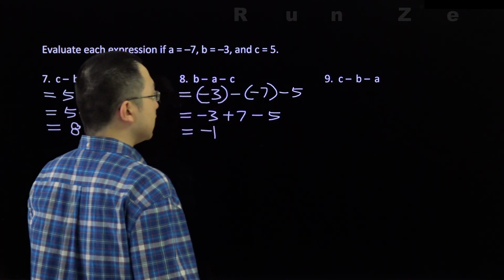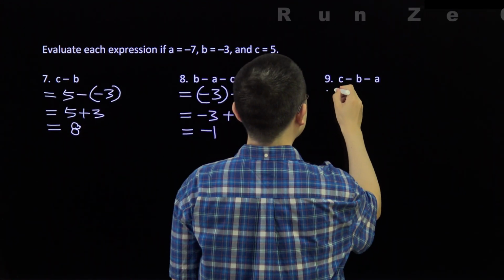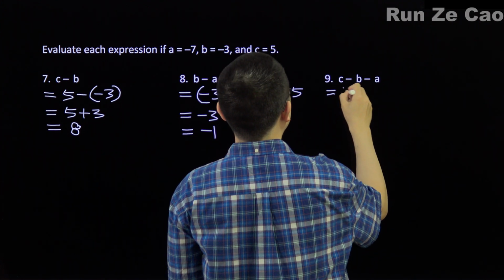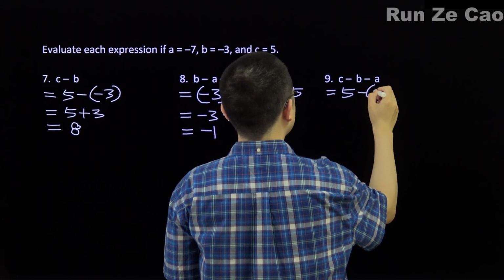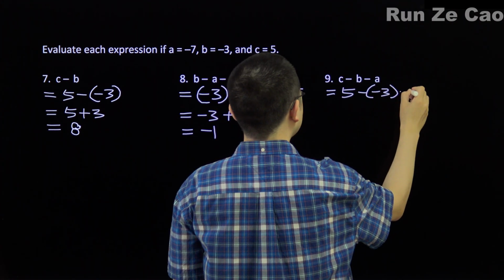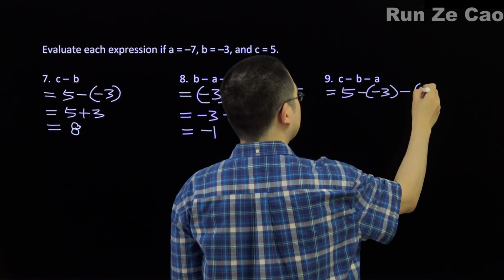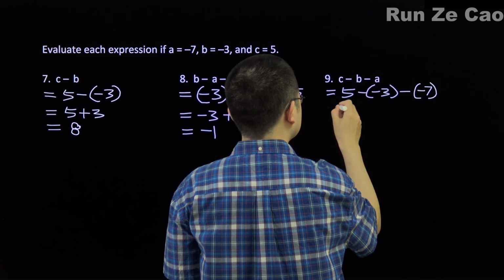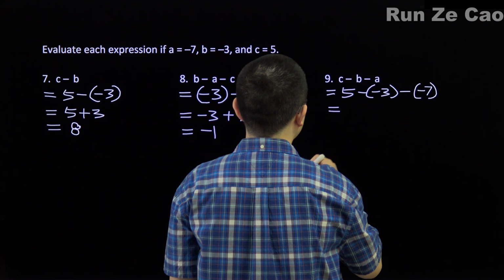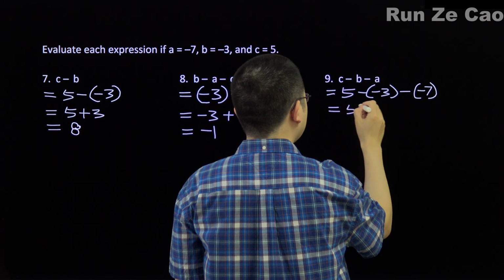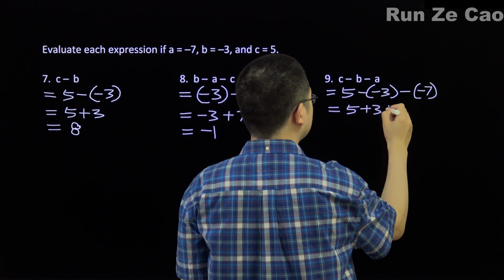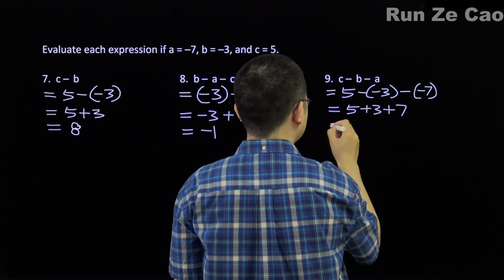C minus B minus A. Well, that's 5 minus B is negative 3 minus A is negative 7. So 5 plus 3 plus 7.